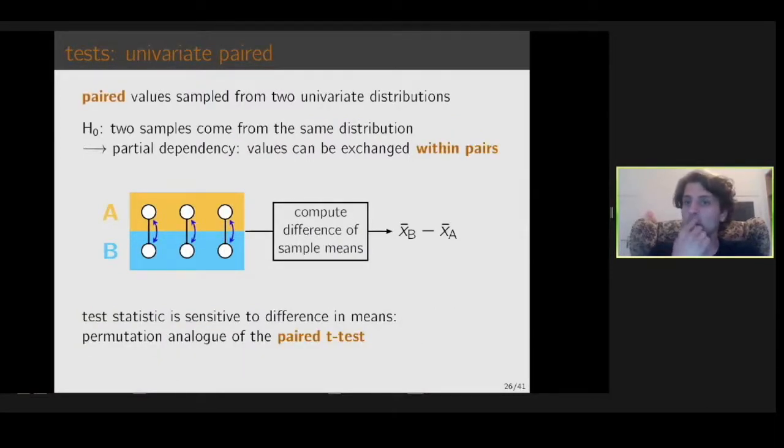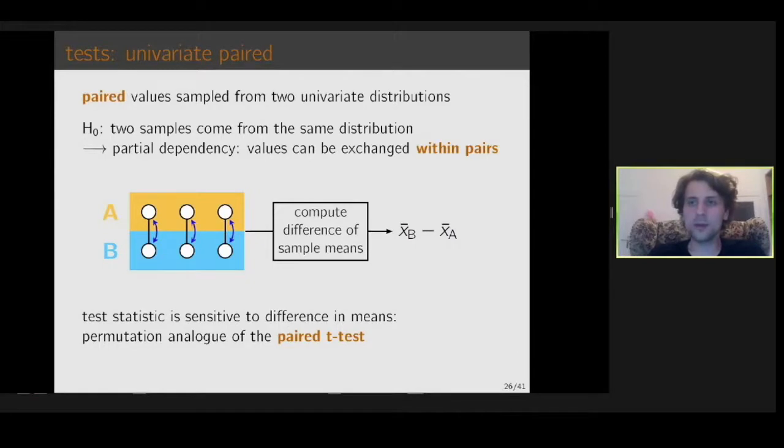So now we're coming to a different situation. Again, we're considering two groups, A and B, but now we assume that two values from A and B are paired to each other, in the sense that they belong to each other. So in this case, we would assume that paired values are sampled from two univariate distributions, and the null hypothesis would be that this is the same distribution.